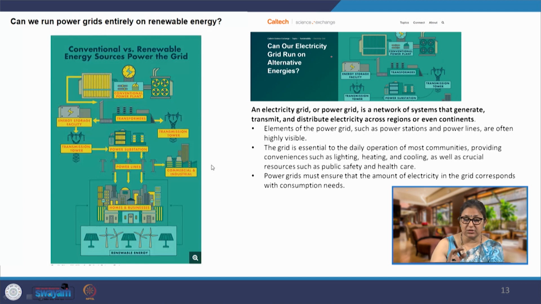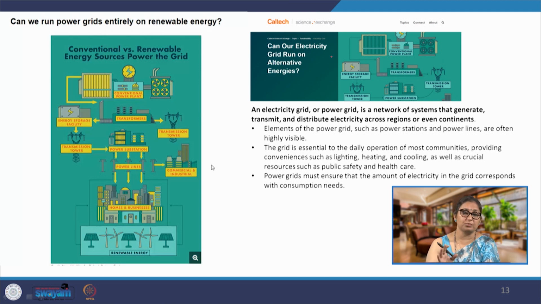Now, what happens if the grids were to depend entirely on renewable energy? As I said, the renewable sources of energy have limitations in terms of geography and seasonal and diurnal variation. So, sometimes probably during the nights, if there are no winds, if there is no sun, if there is no availability of hydropower or tidal, we may not be having a continuous supply of energy.